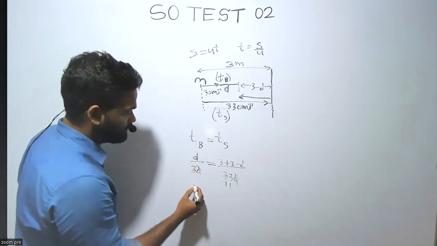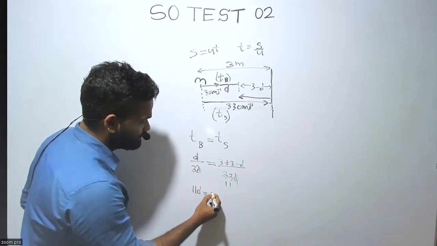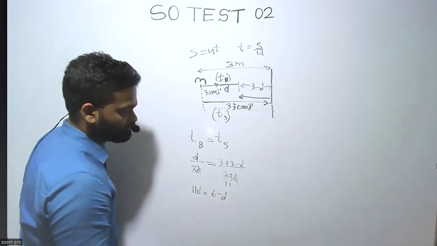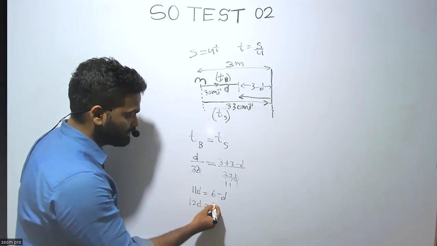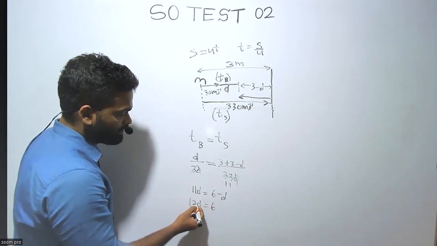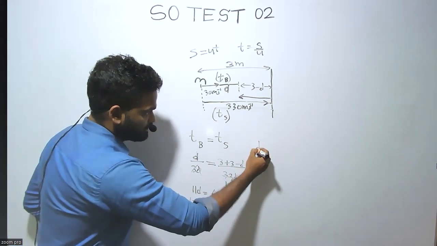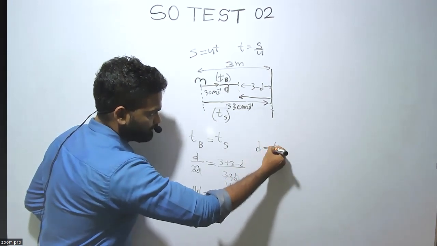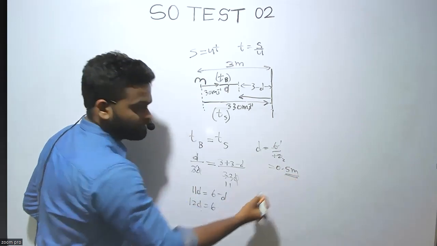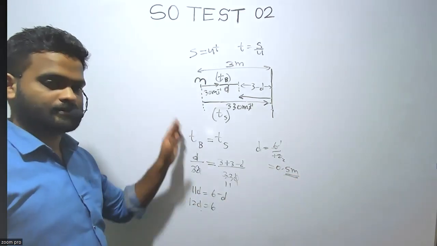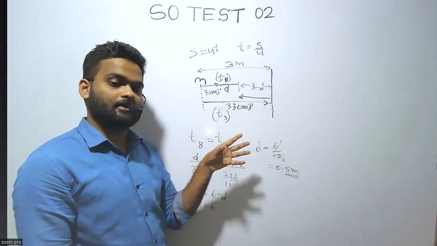Cross multiply. 11d equals 6 minus d. Take d to the other side, 12d equals 6. So d is equal to what? 6 divided by 12. So that is 0.5 meters, right? 0.5 meters.